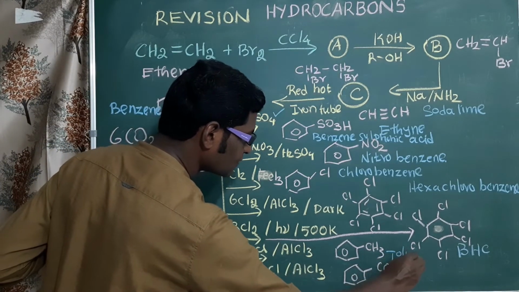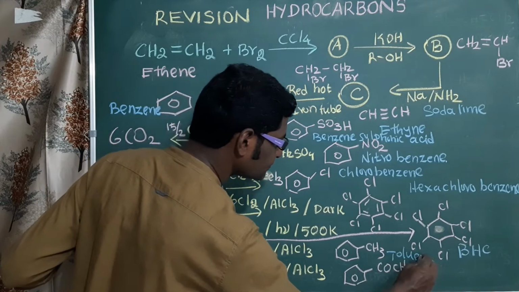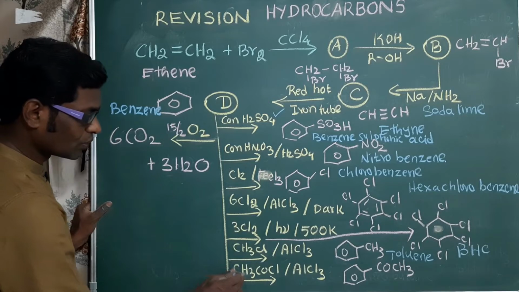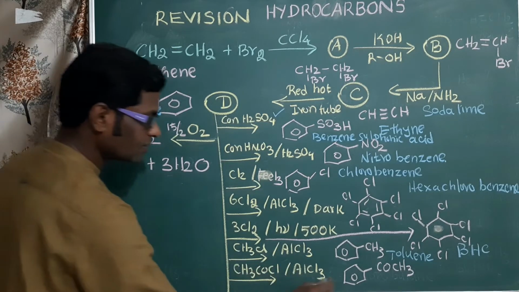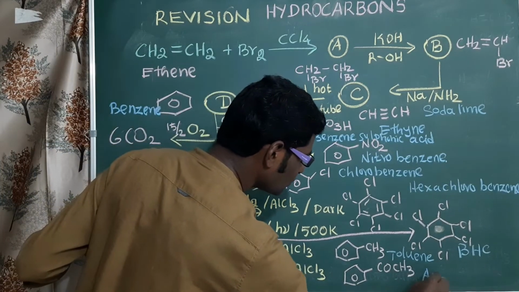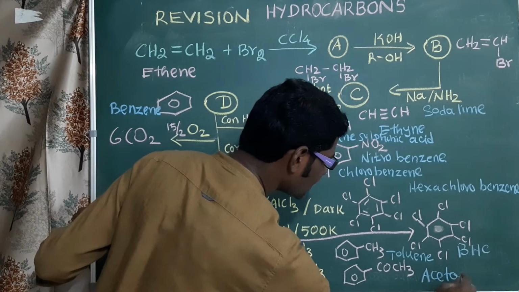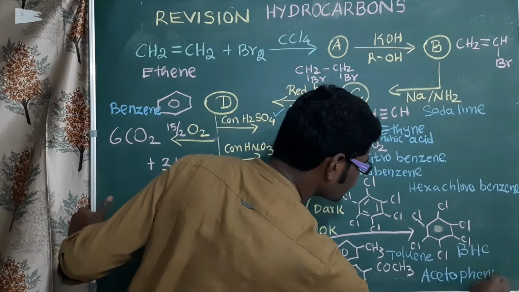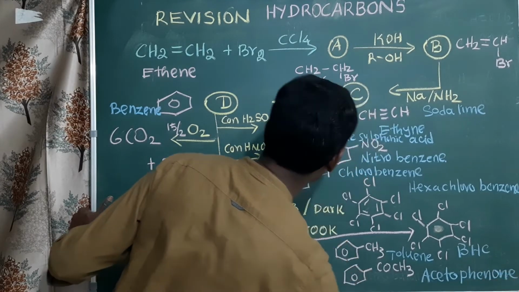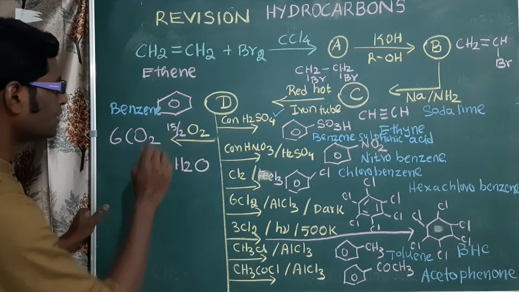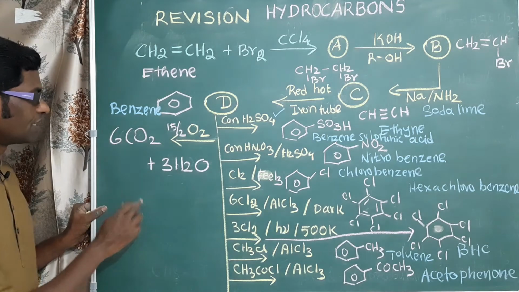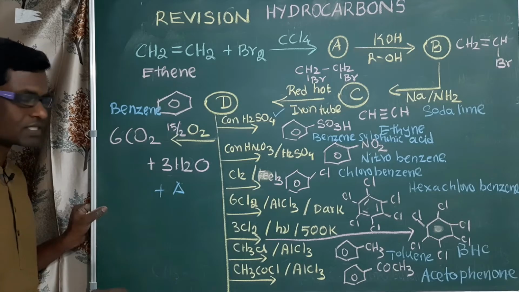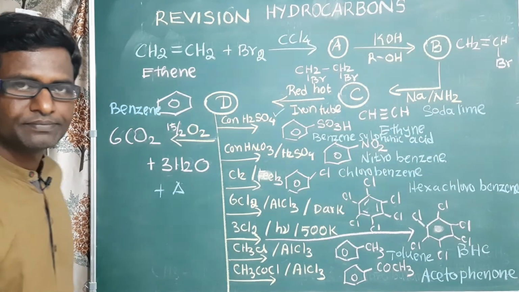Name of this reaction: Friedel-Crafts alkylation. When benzene is treated with acetyl chloride in the presence of anhydrous aluminum chloride, we will get acetophenone. This reaction is called Friedel-Crafts acylation. Finally, when benzene is ignited in the presence of air, we will get carbon dioxide, water and heat. This reaction is called a combustion reaction.